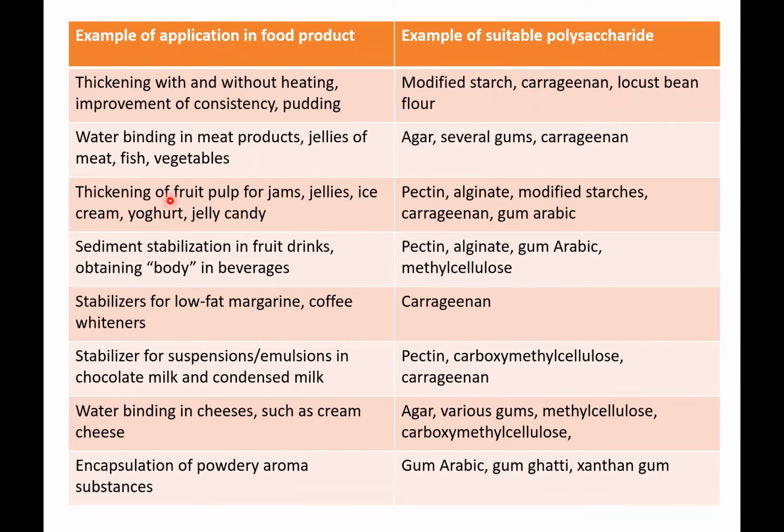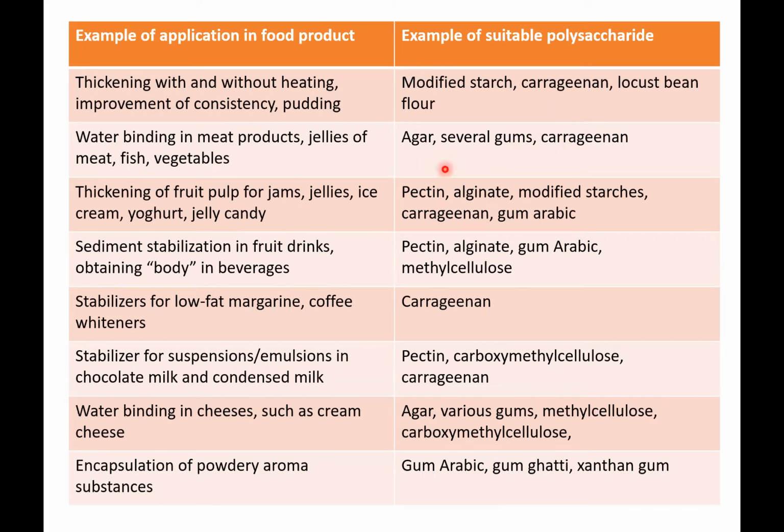For example, here, if you want to thicken anything with fruit to make jams, jellies, whatever, pectin is a good choice because pectin is isolated from the peel of fruits. So that fits pretty nicely. If you want to make a jelly from fish or meat, a marine source polysaccharide might fit better, for example, agar or carrageenan.